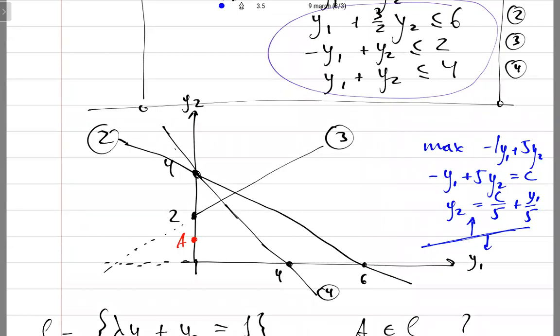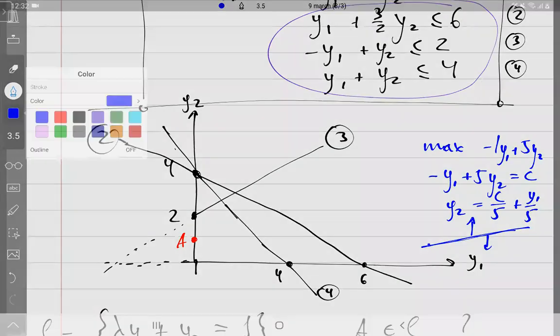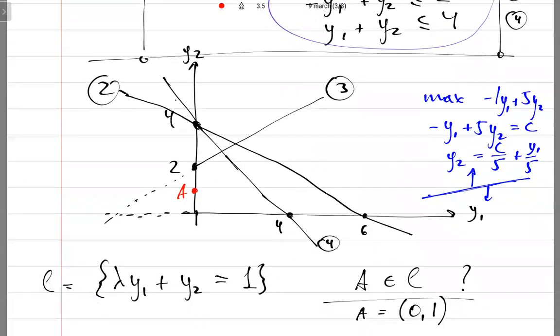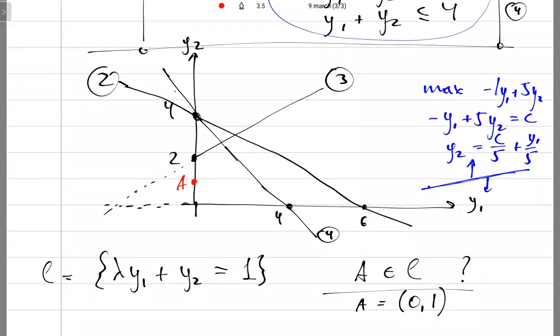No questions. Okay, so let's rotate the line number 1, L1. What are the important points? The important points will be when my line passes through some interesting points. That one will be interesting, that one will be interesting.